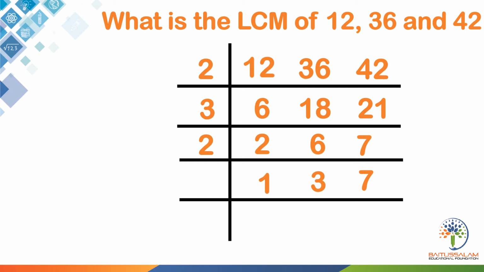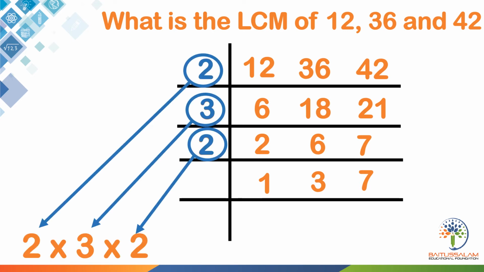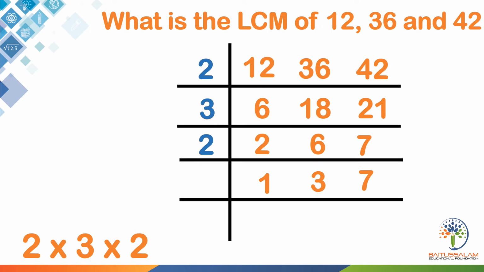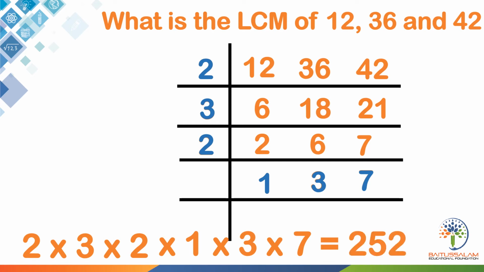This step is repeated until we have all prime numbers. Here we have 1, 3 and 7, all of which are prime numbers. To find the LCM we multiply all prime factors 2, 3 and 2 and also the remaining numbers in the table. In this case 1, 3 and 7. The answer is 252.